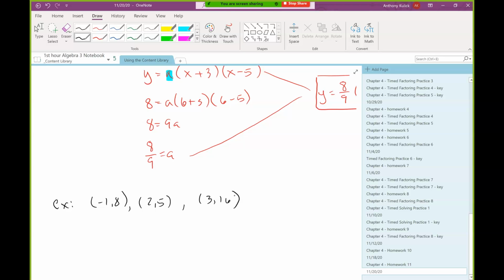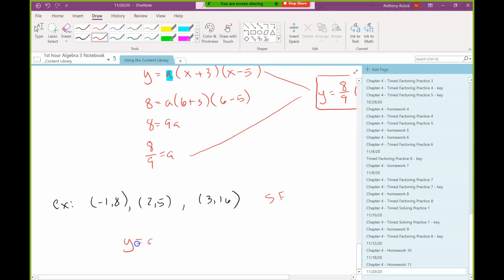Notice here that with these 3 points, we don't have any x-intercepts, right? Because none of the y-coordinates are 0. So this is going to be one that we have to do using standard form.